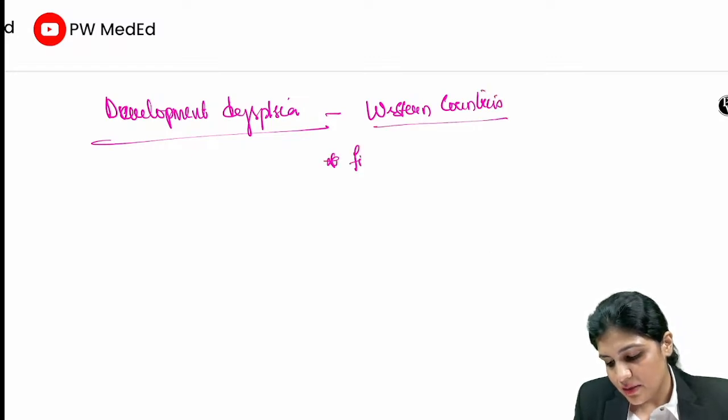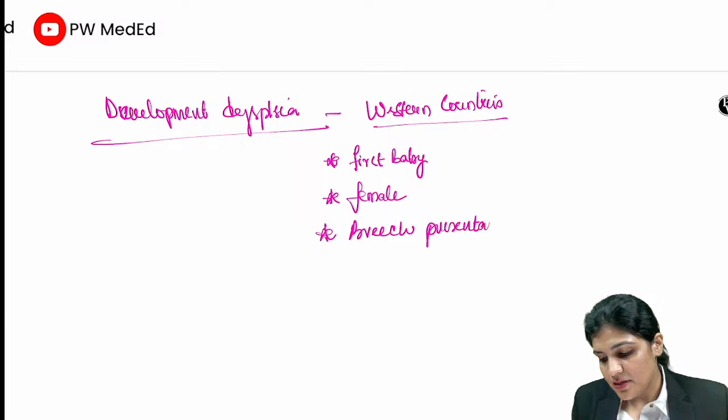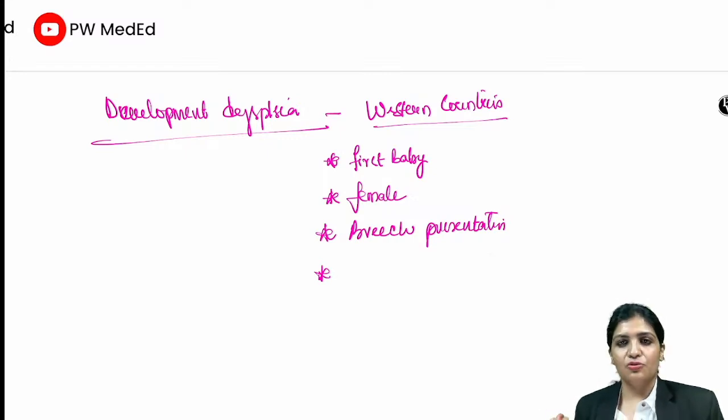First, firstborn baby, then female child, then usually the breech presentation, right? All these are the risk factors for the baby to be a DDH baby. So usually firstborn females with breech presentation are mainly at risk for developing this condition called DDH, right?